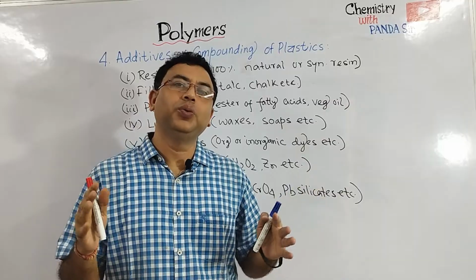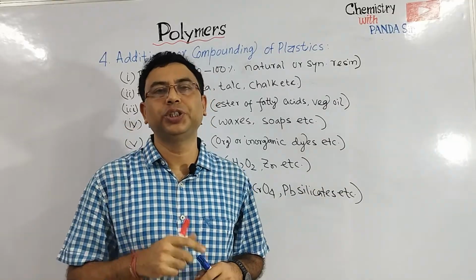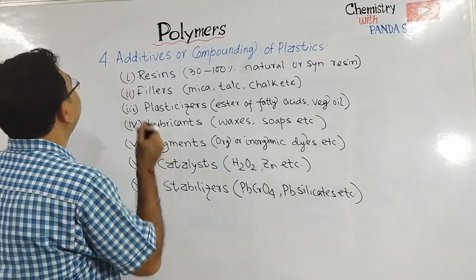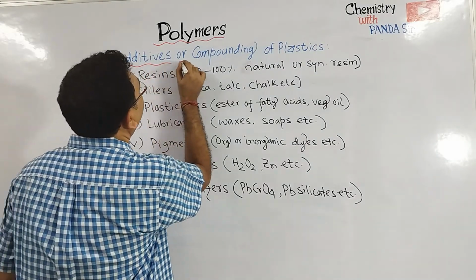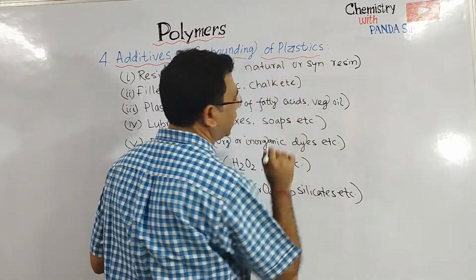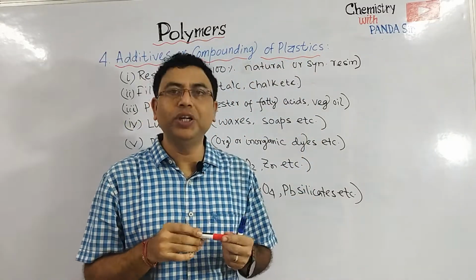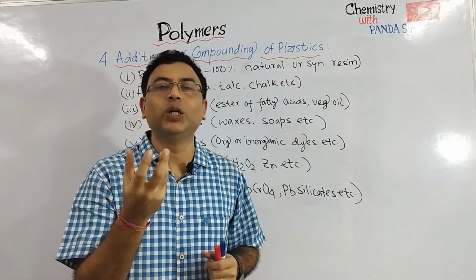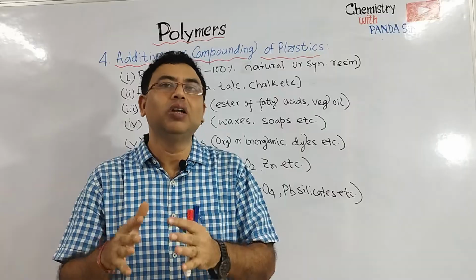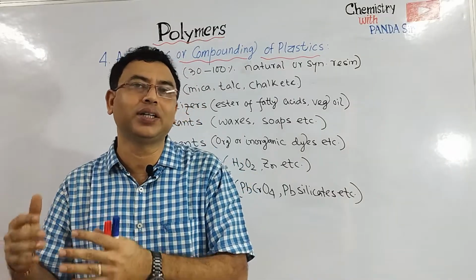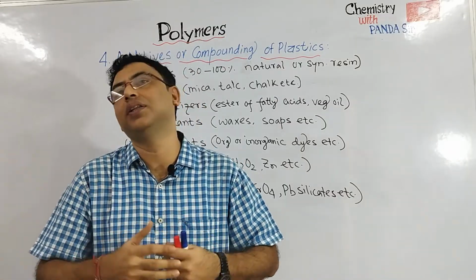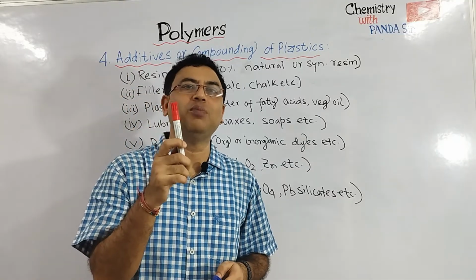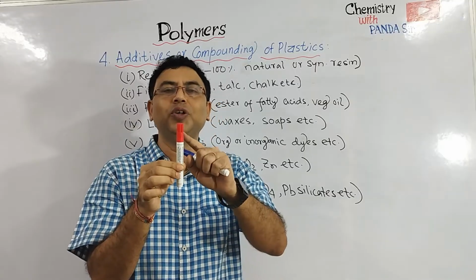So let's continue with our next point of discussion, and that is also very important with respect to the exam. You can see that it is called additives or compounding of plastic. What does it mean? Why do we need to add something into the polymer? Remember, polymer is basically granules. We need to process it, then only we will get the desired property in the plastic. In order to get a beautiful color, look at this pen I am holding. It's a plastic material with a beautiful red color.